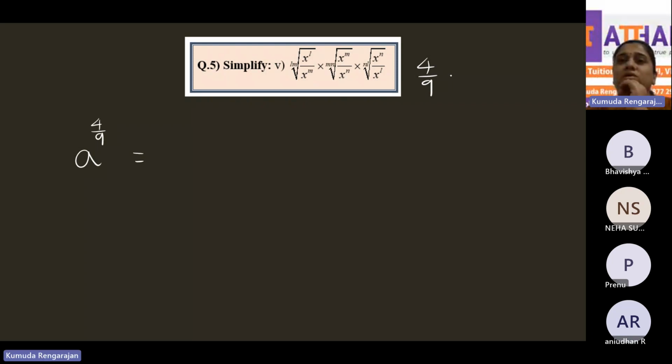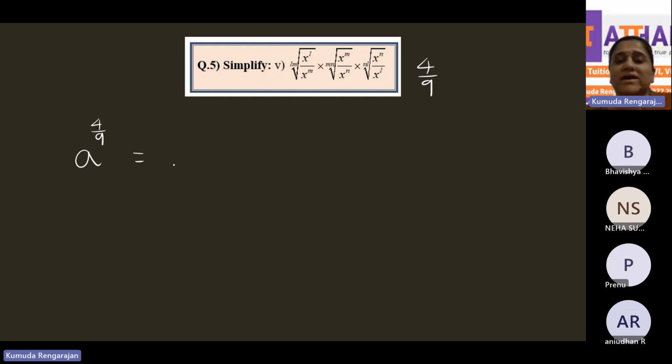A to the power 4 by 9. No, that's not the way you read it. You're right, but read it correctly. Very good.